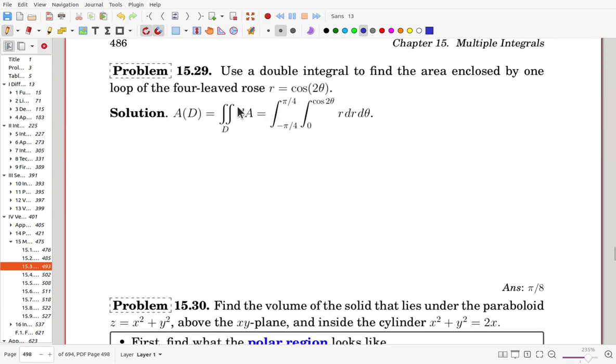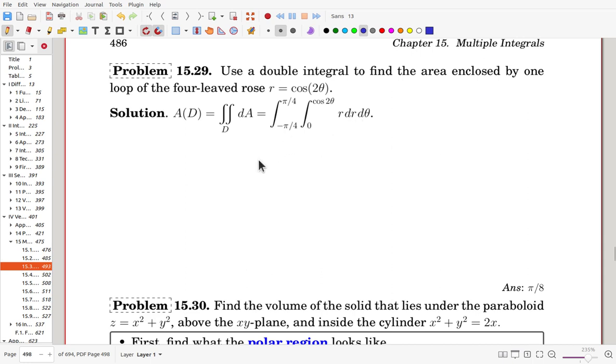So the area can be found in this way. Double integral over the dA, this angle is from minus pi over 4 to pi over 4. And now for each angle, R is from 0 to cosine 2 theta. And dA is changed with R dr d theta. Okay.